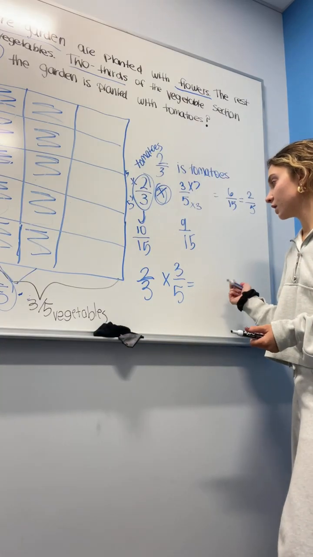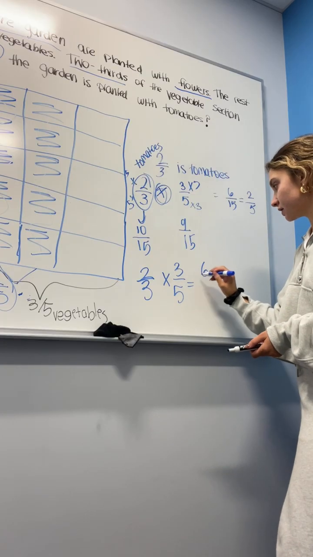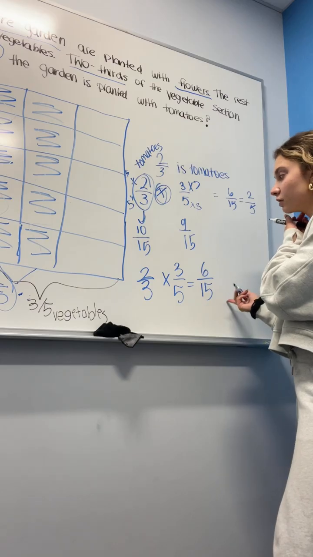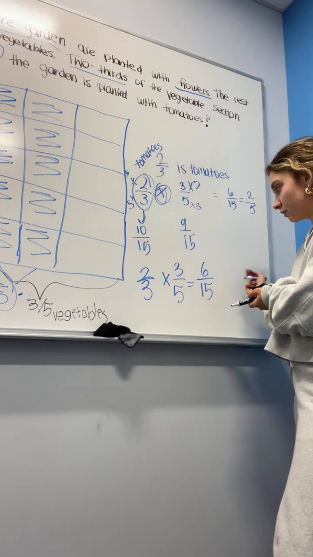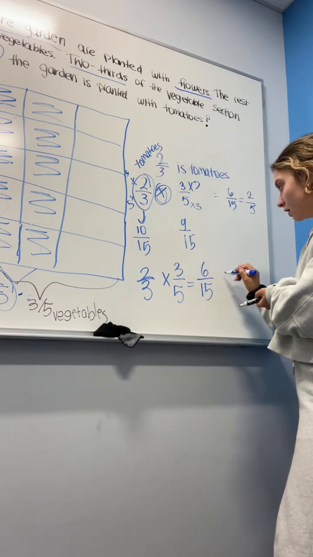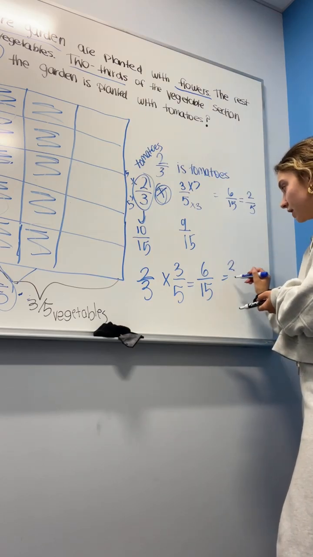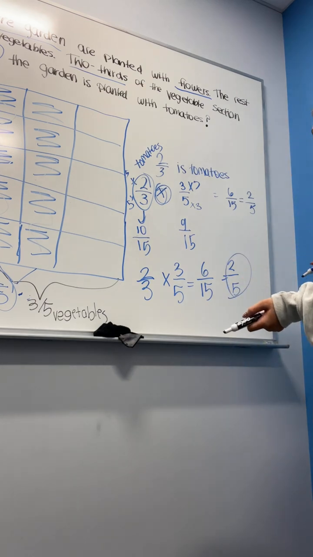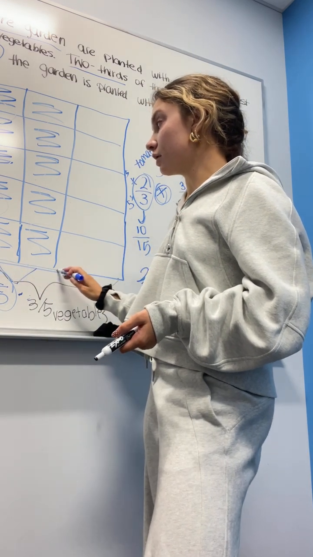But yeah, you can just multiply across. So 2 times 3 is 6. 3 times 5 is 15. And then we can simplify that, because I know that 3 can go into both of these. So 6 divided by 3 is 2. 15 divided by 3 is 5. So our answer would be 2/5, which is exactly what we got right here.